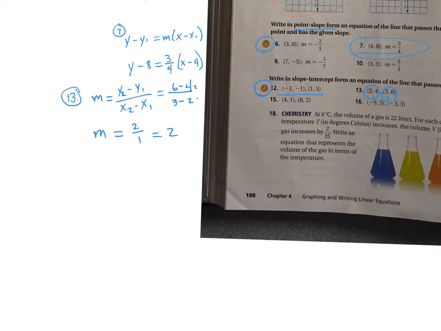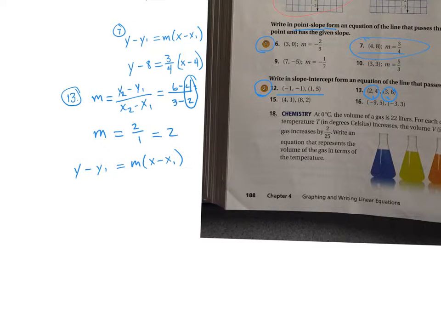And then I'm going to start putting in my formula information. So I've got my slope. And now I'm going to use the ones here to figure out the form. So I've got y minus y1 equals my slope, and I've got x minus x1 in parentheses.